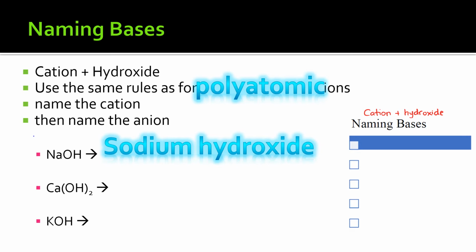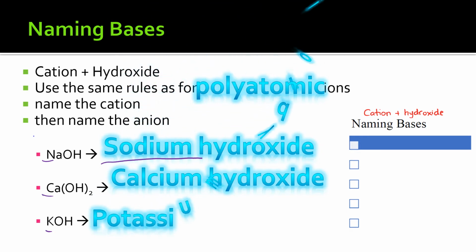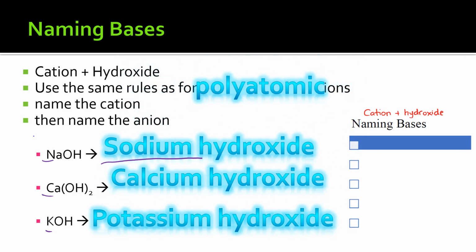Our example is sodium hydroxide, NaOH. Sodium, we didn't change it at all. Na, sodium, we just simply name the cation. Hydroxide. Again, calcium hydroxide. Name the cation, potassium hydroxide. Pretty simple.